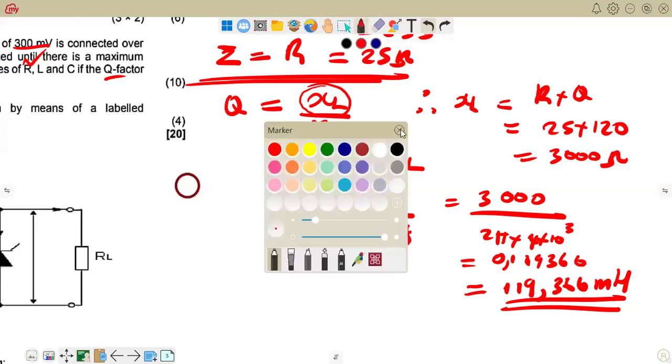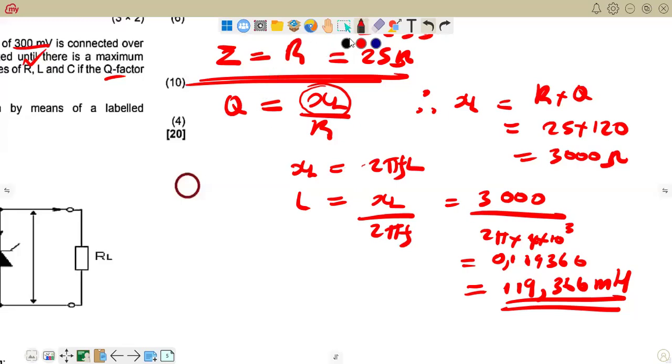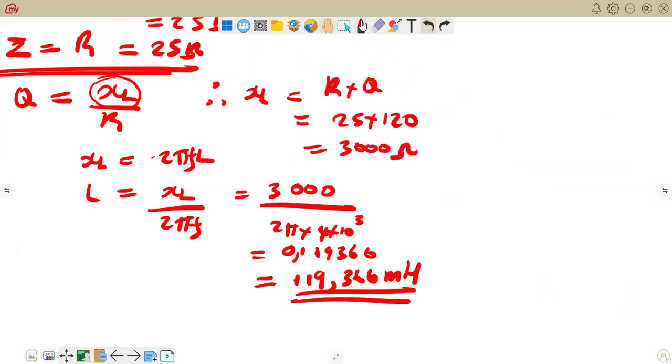However, we have to remember we are at resonance, and at resonance, XL is equal to XC, because that's actually one of the reasons that has caused Z to be equal to R, because XL and XC are equal now. That's what happens at resonance.